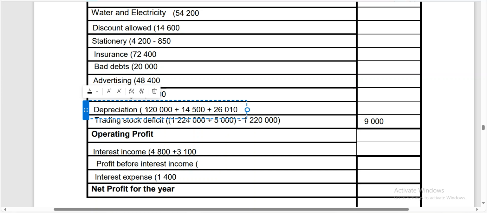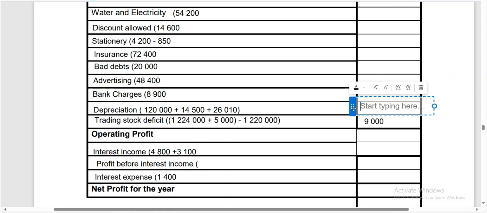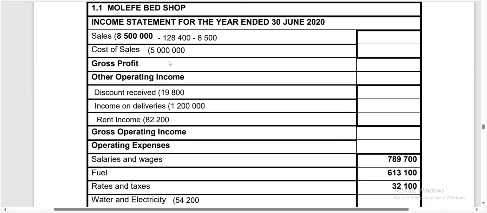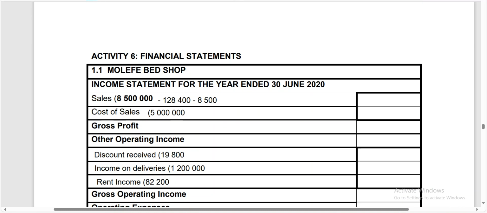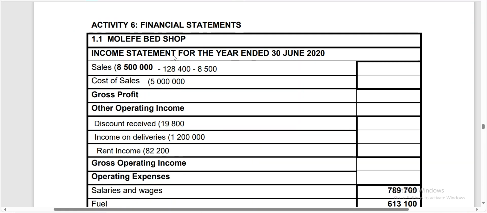So this will be our total depreciation. Let's get the total: 120,000 plus 14,500 and then plus 26,010. Our answer is 160,510, and this will have around 5 marks. So that 160,510 is our total depreciation for the year. We have already recorded it here, so it's not a train smash.